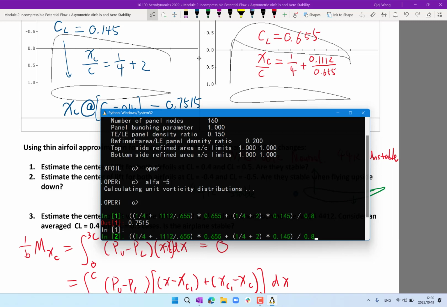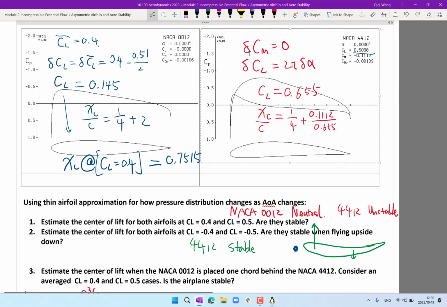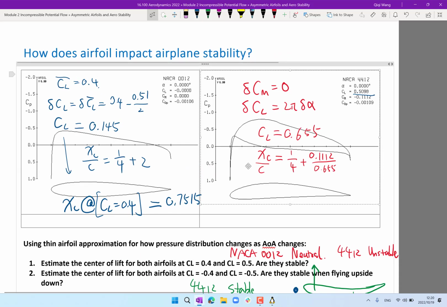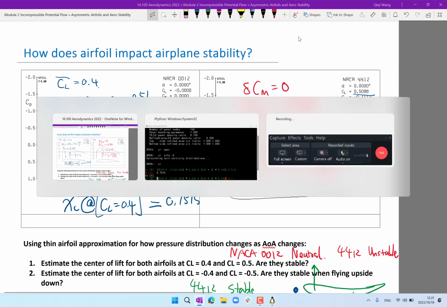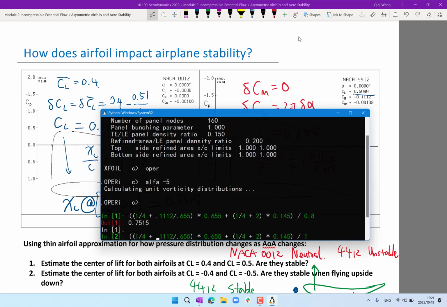Okay, so similarly, we can just calculate the corresponding center of lift at CL 0.5. For CL 0.5, the sum of the CLs is going to be 1, right? For the front airfoil, the moment doesn't change, so this doesn't have to change, and the CL has to be increased by 0.1, so it's going to be 0.755.